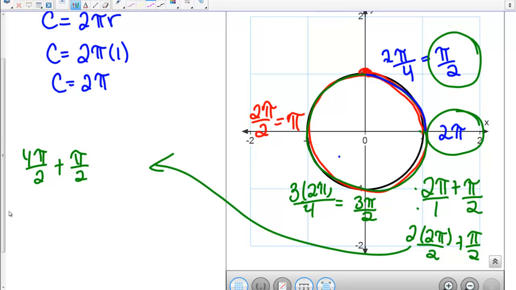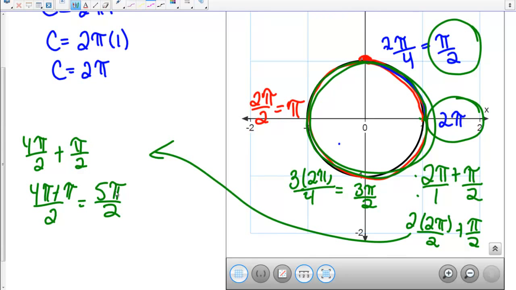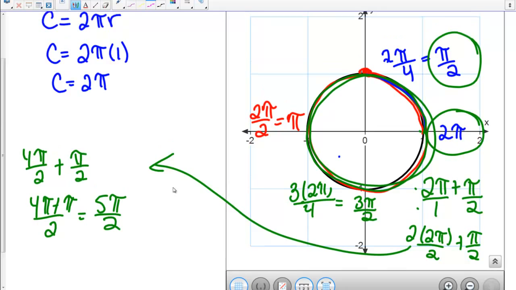Now we can combine them: 4 pi plus pi over 2 gives me 5 pi over 2. So to get from the point (1, 0) around our circle once and back to the point (0, 1), we went a distance of 5 pi over 2.